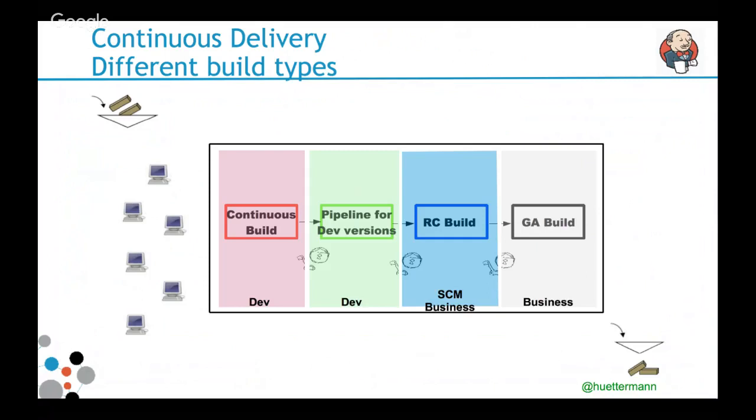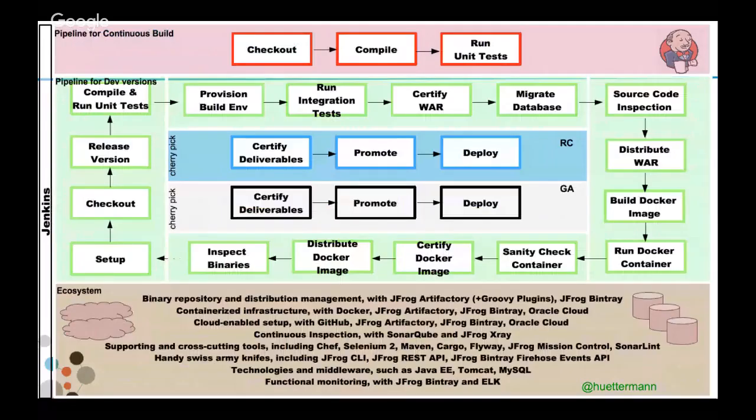So we do not repackage again or something like that. It's an anti-pattern. So a domain expert or the team member cherry picks a defined version and promotes the version to be a release candidate or a GA, general availability build, and brings this defined version to production to the end user.